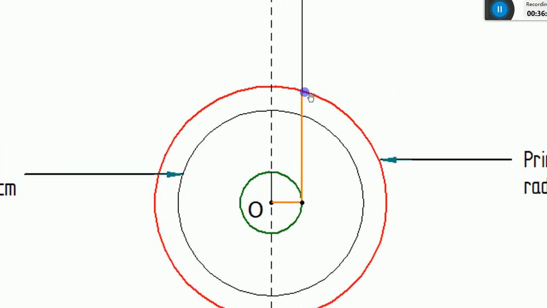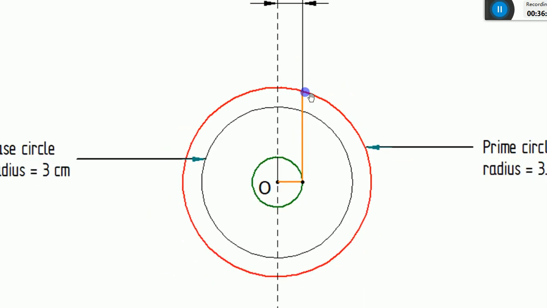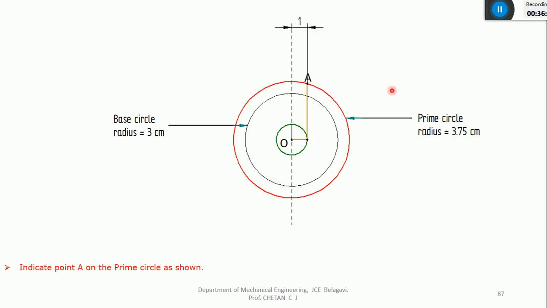So in the previous case, in the first case, I had taken this point as A because the axis of both the follower and the cam were the same. But in this case, the follower is shifted towards right. That's why I'll indicate the intersection between this follower axis and the prime circle at this point as point A. Okay.